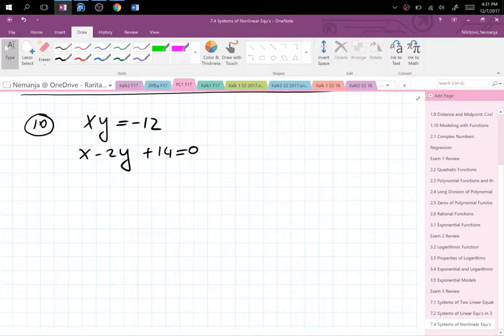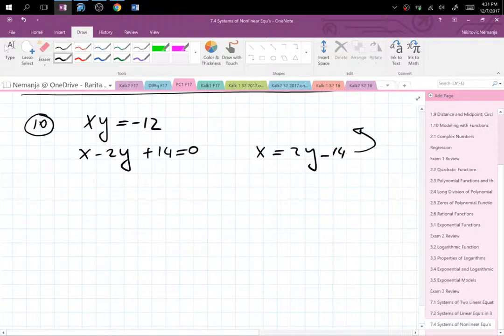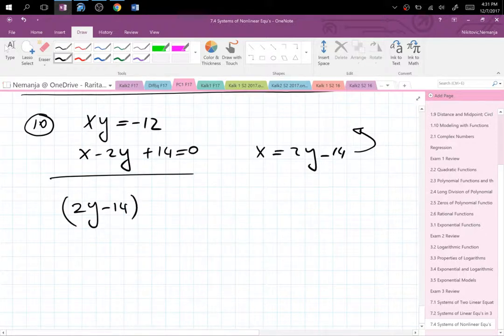So, which one do we solve for? What do you do? Exactly. x equals 2y minus 14, and then plug in. So we have 2y minus 14 instead of x times y equals negative 12.